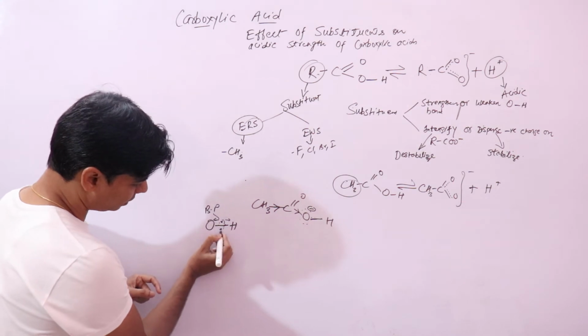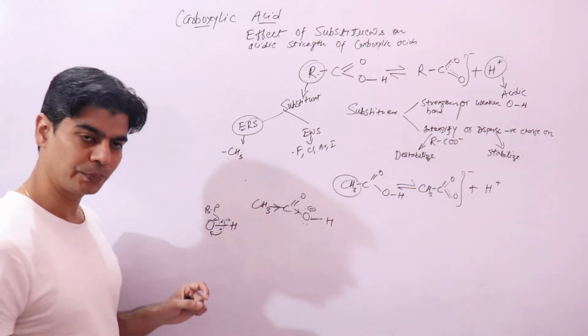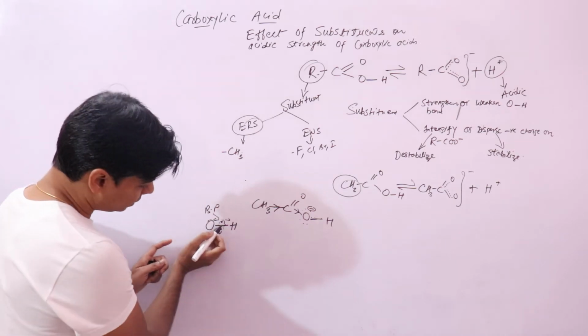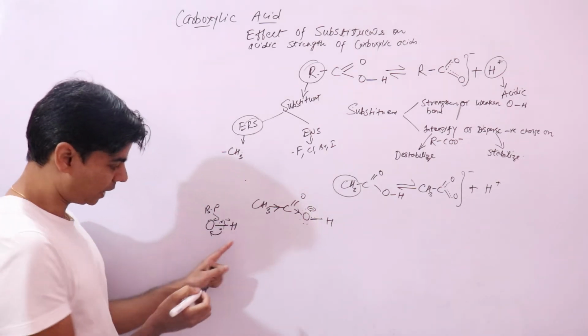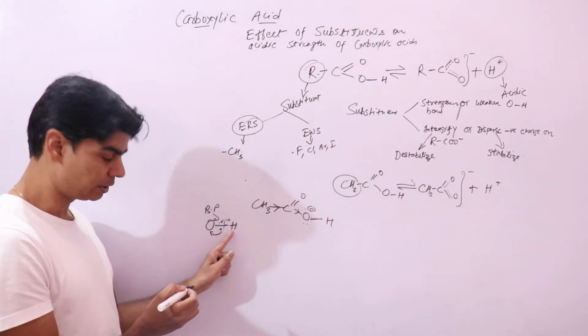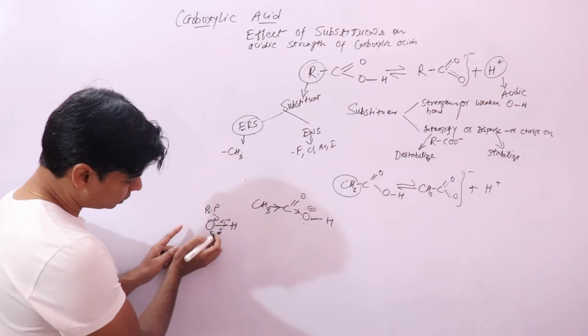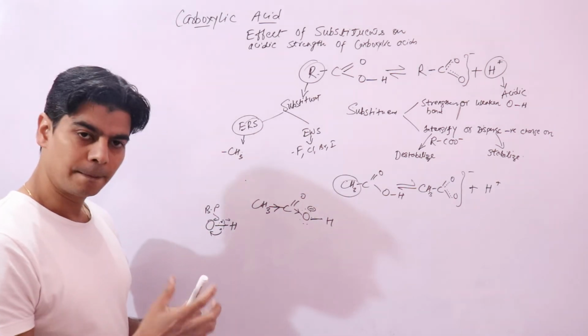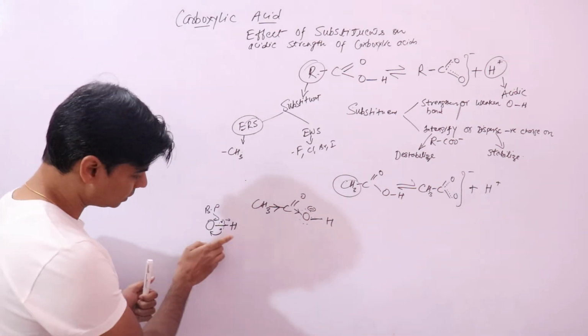If it is somehow moved towards the oxygen atom, it is away from hydrogen, so it has less control on hydrogen. It will attract hydrogen with less force.